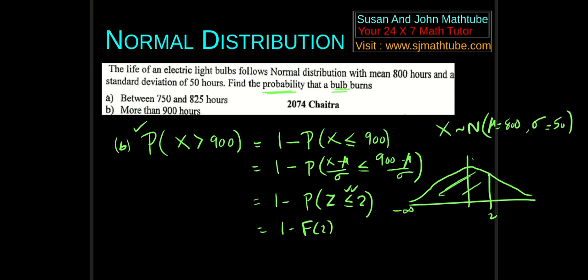So this is that area, and use your statistical tables and make sure you get the answer 1 minus 0.9772, and that is equal to 0.0228. Now let's check one more problem, which is a slightly different type.